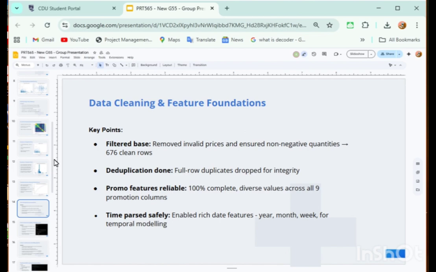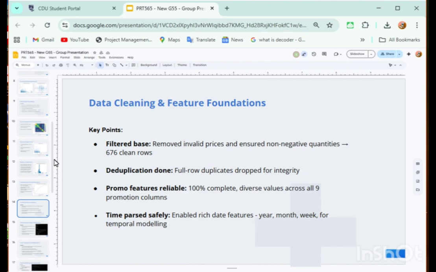So next is data cleaning and feature foundation. With these insights, we moved into the core data pipeline. First, data cleaning and feature foundation. We removed impossible or negative values and exact duplicates, resulting in 676 clean records.